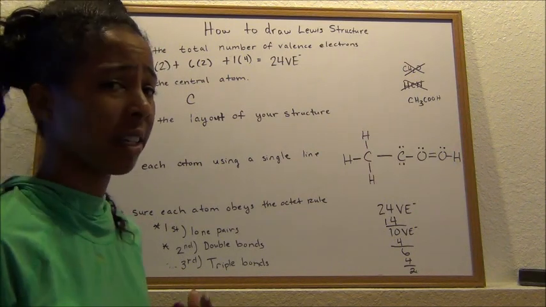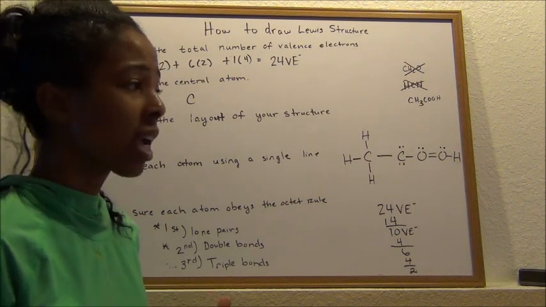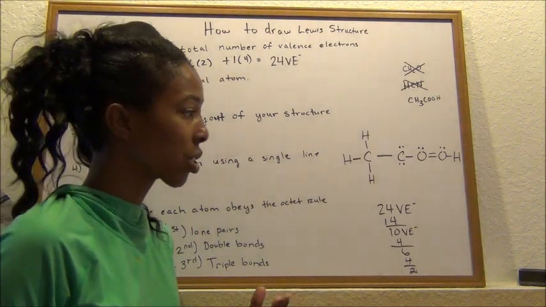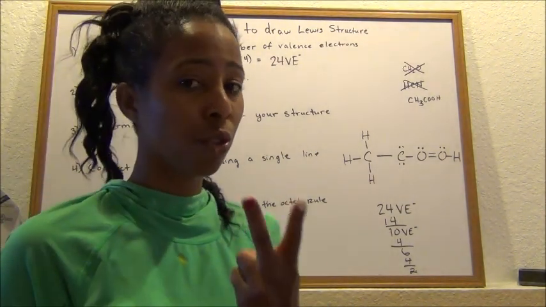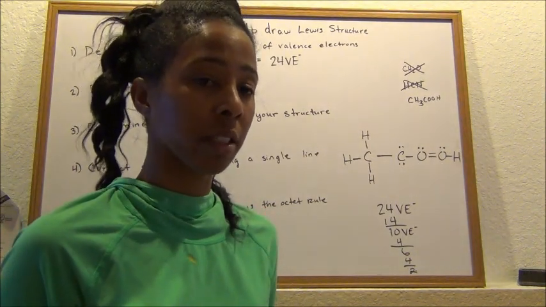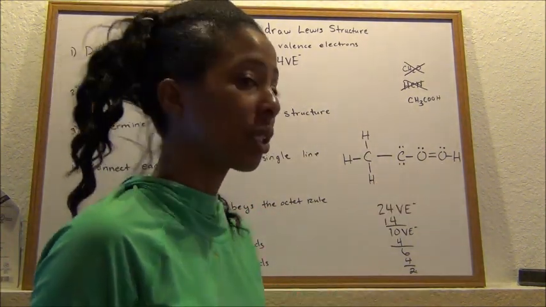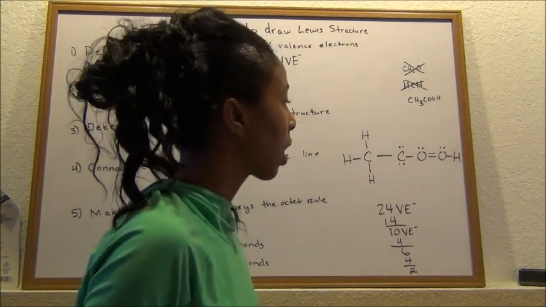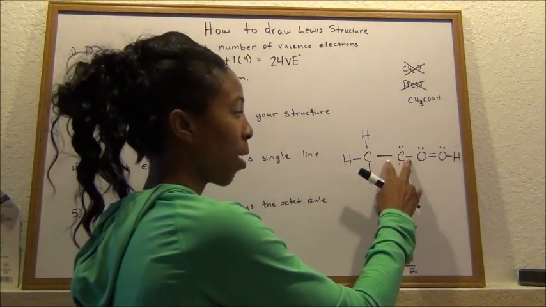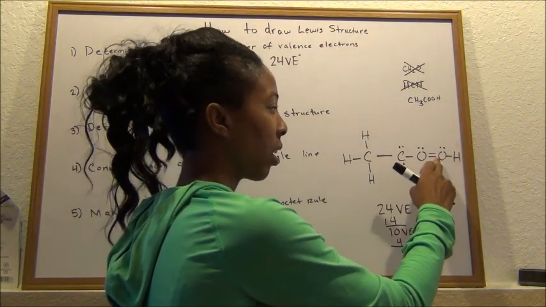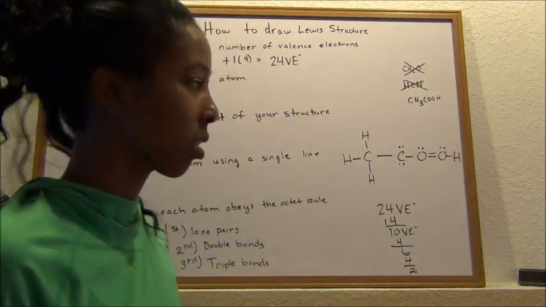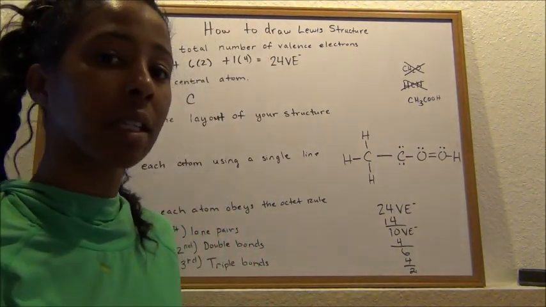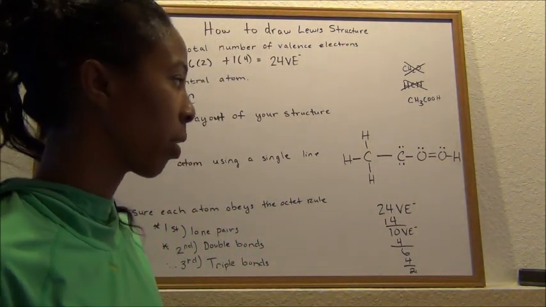The first way we could tell that it's not the correct structure is that oxygen tends to make 2 bonds because it's in group 6, and carbon tends to make 4 bonds because it's in group 4. So here we have carbon making 2 bonds here and oxygen making 3 bonds here. So that indicates to us that something must be wrong with my structure.